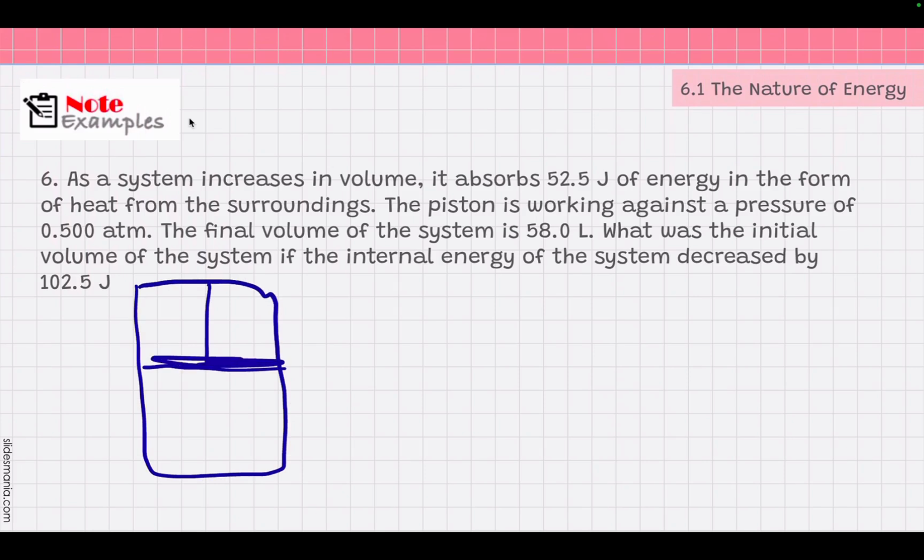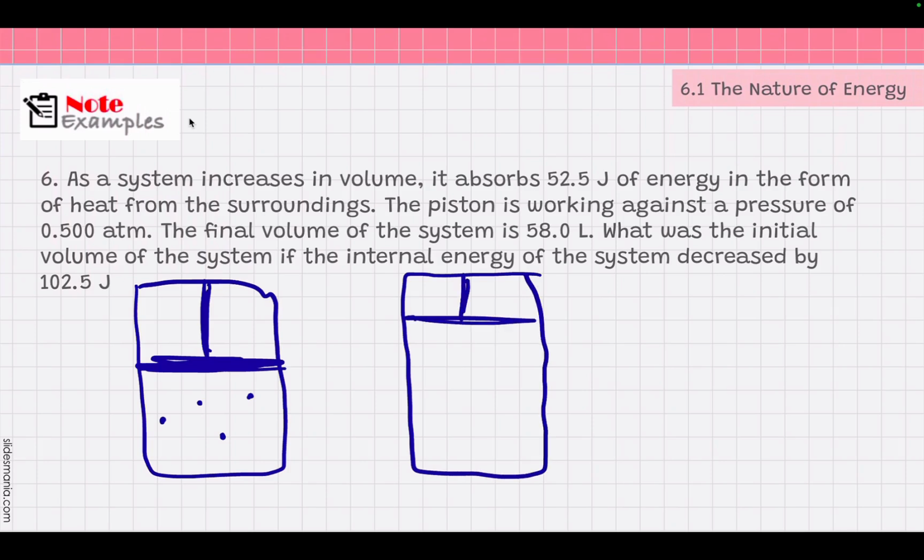So we have a piston, and we've got some gas. And the piston is going to work against a pressure of 0.5 atmospheres, and it is going to expand. So I'm going to end up with more room.